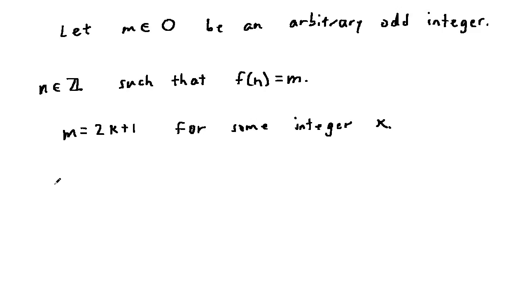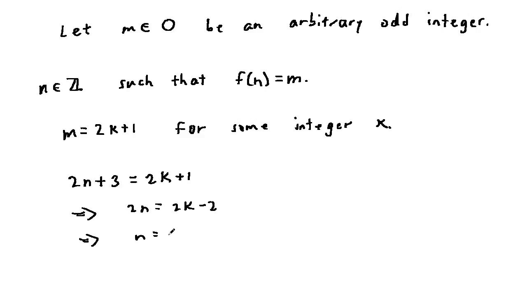Okay, if such an n exists, then 2n + 3 would be 2k + 1. Now, solving for n, we get k - 1.